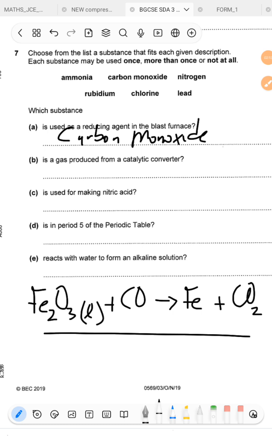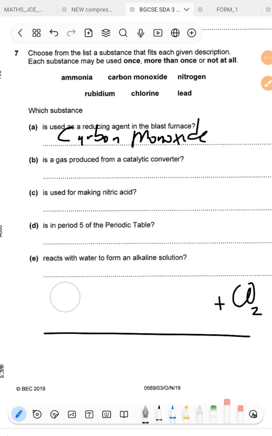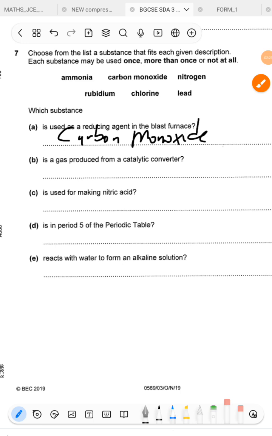All right, let's continue. B says it's a gas produced from a catalytic converter. What does a catalytic converter do?